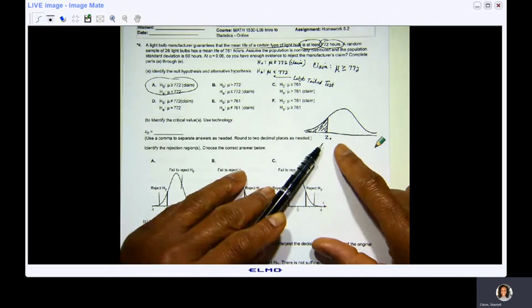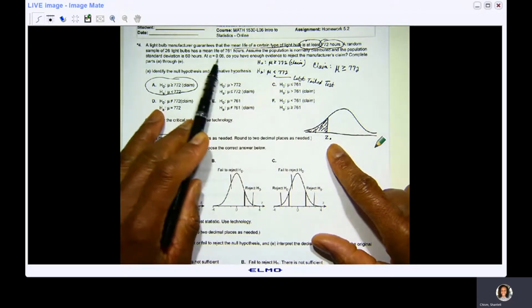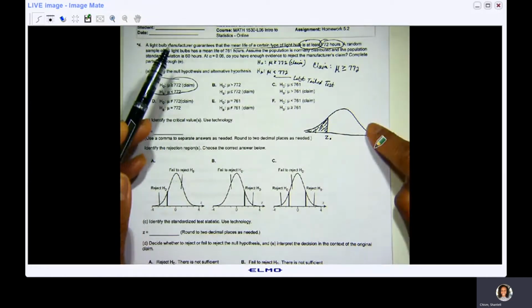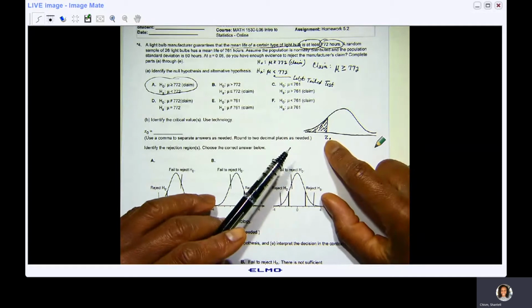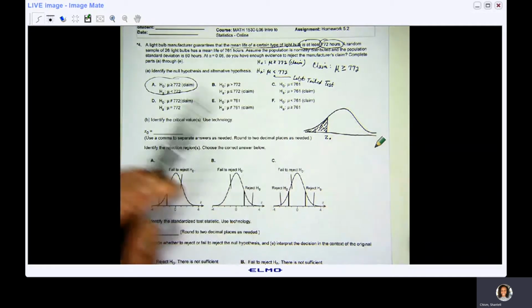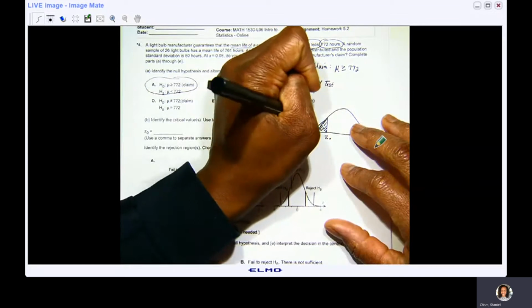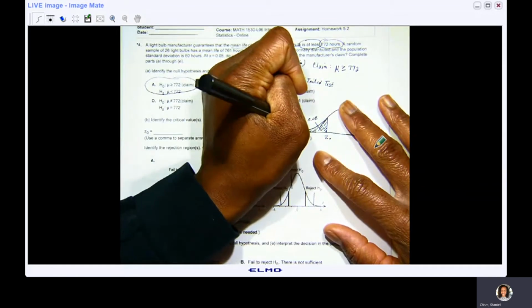Alpha is the value that corresponds to your critical value. If you have a left-tail test, alpha is the area in the left tail. If you have a right-tail test, alpha is the area in the right tail. If it was two-tail, you would split alpha. But in this case, alpha is here in our left tail, and that represents our rejection region.